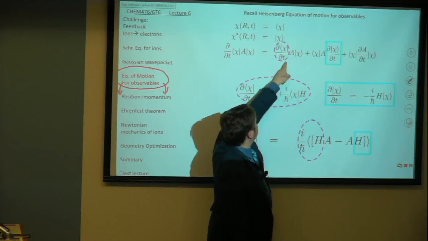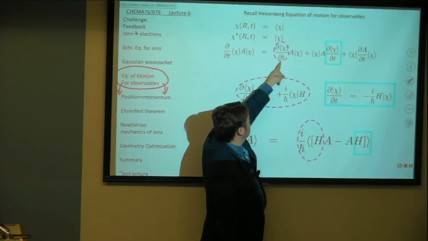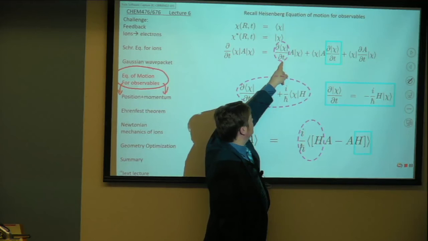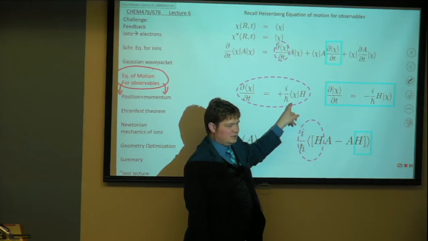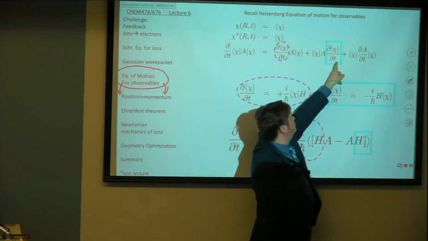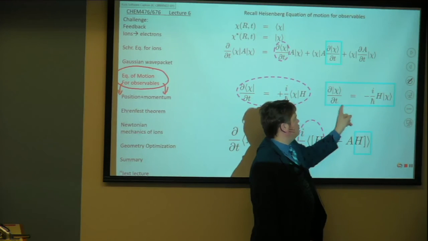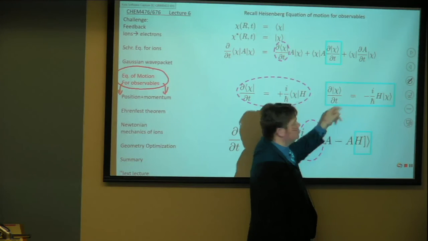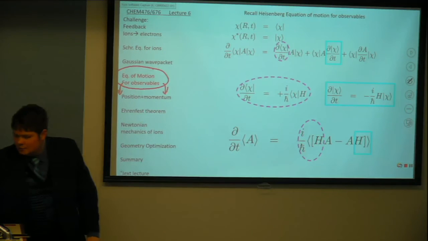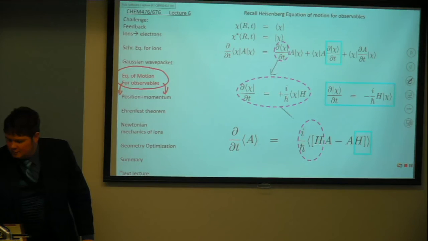So here I am replacing time derivative of the bra with this time-dependent Schrödinger equation for bra. Here I'm replacing time derivative of the ket with this time-dependent Schrödinger equation for the ket. From here to there, from here to there.